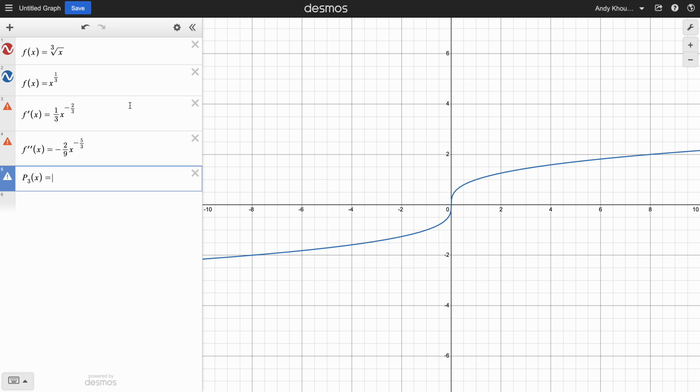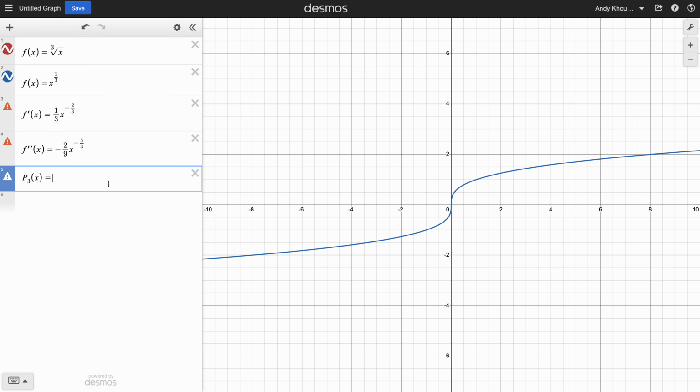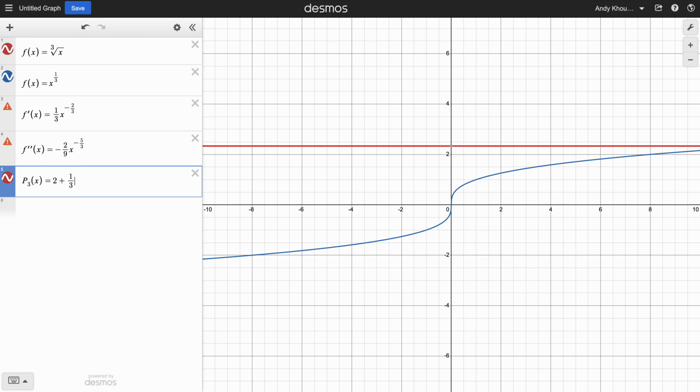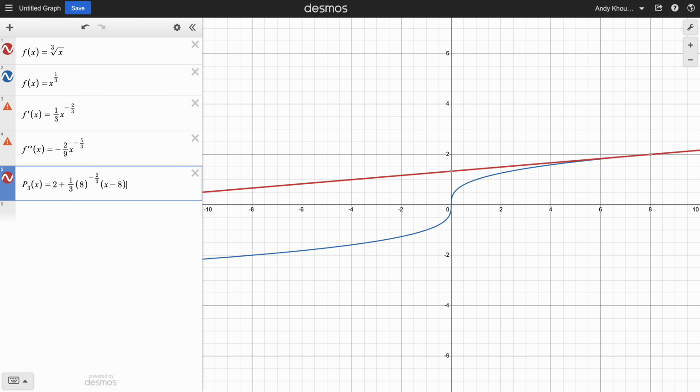So if I were to evaluate this at a center of 8, and we are approximating it at 7, I'm going to have a 2 plus 1/3 8 to the negative 2/3, and honestly, I'm not simplifying this, times x minus 8, and then minus 2/9, 8 to the negative 5/3, x minus 8 squared.